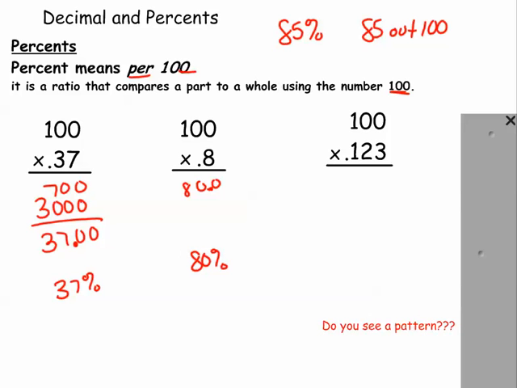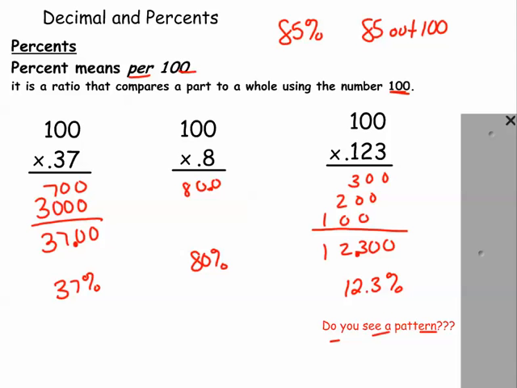Okay, that's 0.123, and I have 3 decimal places, 1, 2, 3. So 100 times 123 thousandths would be 12.3%. So are you seeing any kind of pattern?